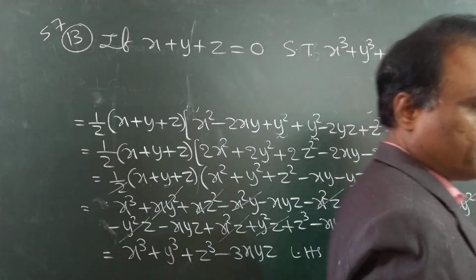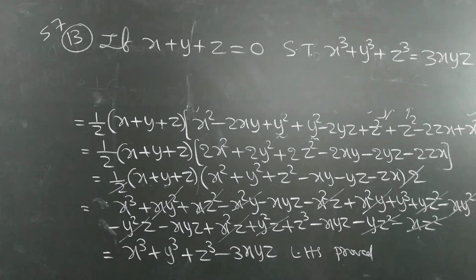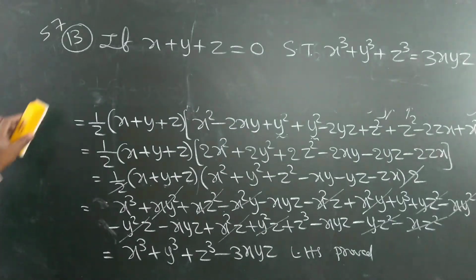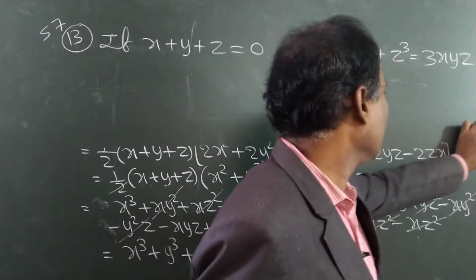Write this problem. If x plus y plus z is equal to 0, show that x cube plus y cube plus z cube is equal to 3xyz.